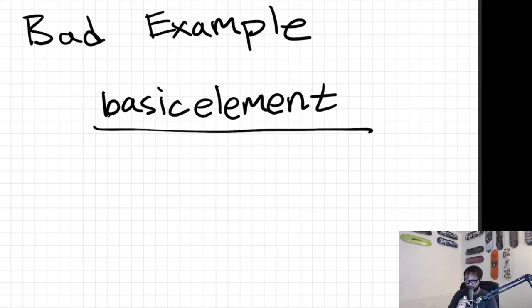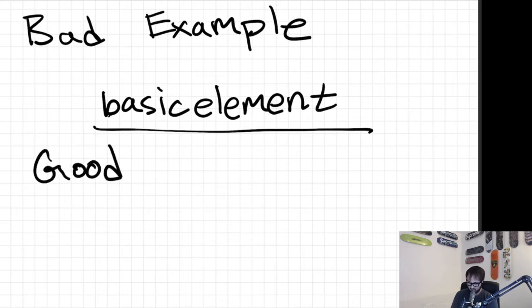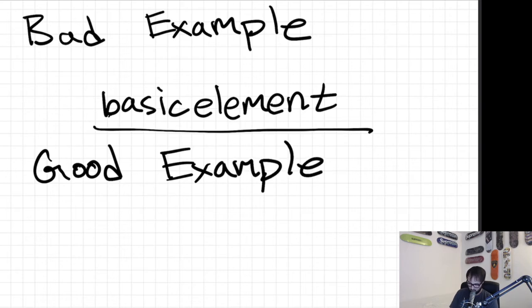So how we can differentiate the basic and element, we can do something like, I think this is called camel hump, camelback, something like that. We can go basicElement.